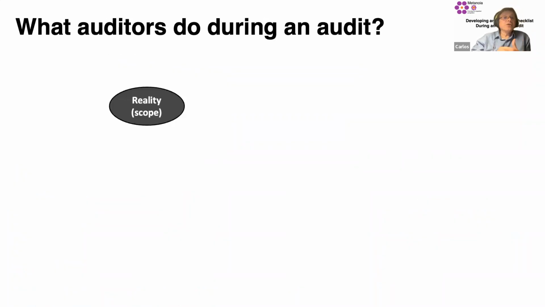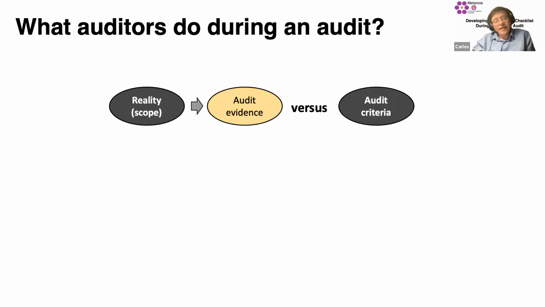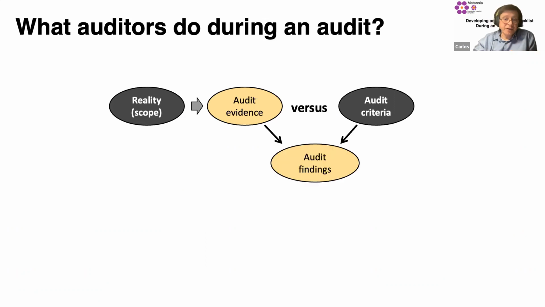So what do auditors do during an audit? While doing an audit, auditors go into reality within the scope and they collect audit evidence. They compare the audit evidence with audit criteria. And this comparison results in positive and negative audit findings.